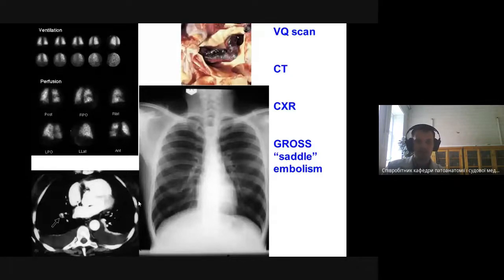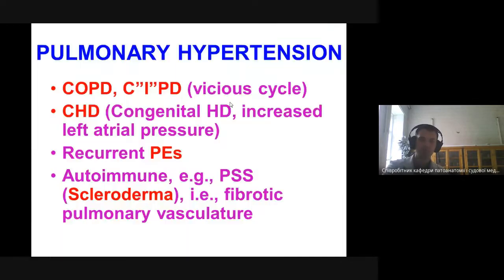I think that's a problem. The saddle embolism is a great case to review, to brush up on cardiovascular problems with human disorders.